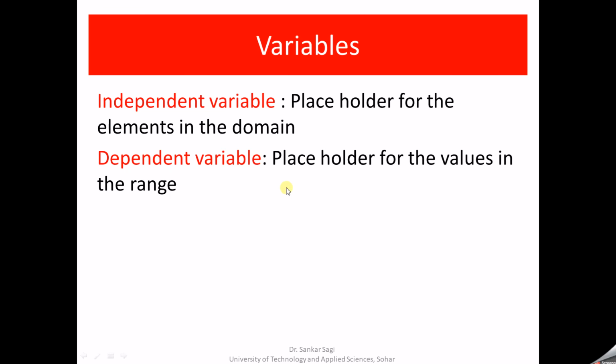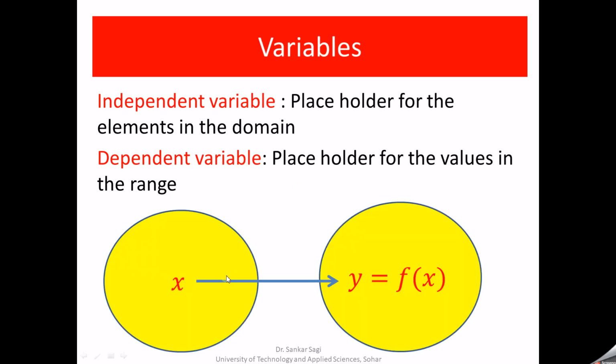So let us try to understand the concept of the independent variable and the dependent variable. This is a set, the first set, the domain, and this is the second set, the codomain, and there is a function f which maps the elements of the first set to the elements of the second set.